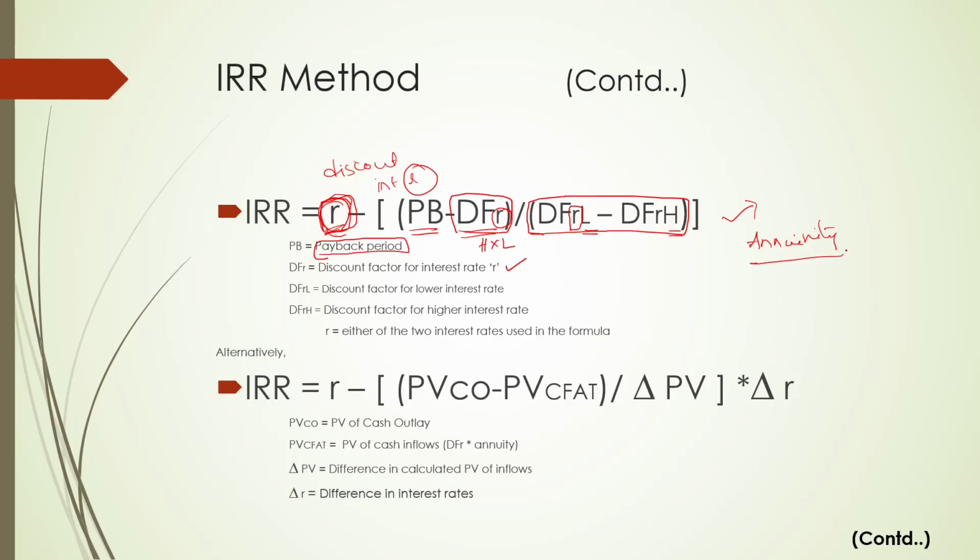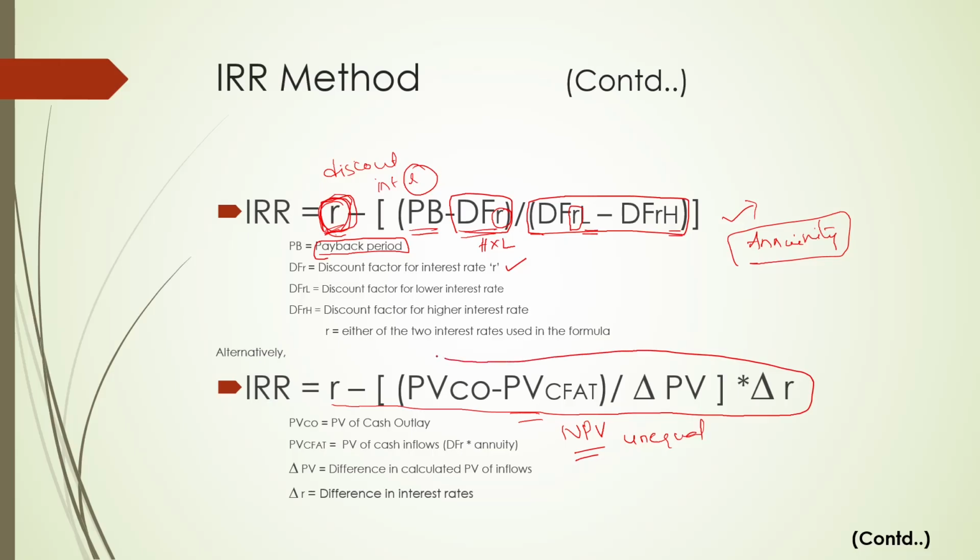Okay, for the annuity method. Whereas this formula, when do you use NPV for IRR? When the cash flows are unequal. Then you apply this formula after getting two different NPVs at two different discount rates.